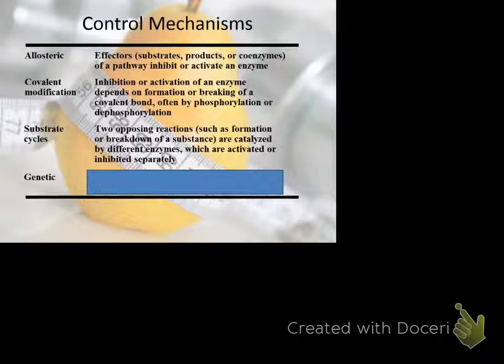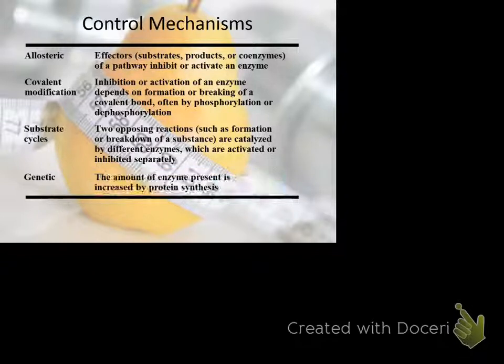Or make a lot more of that enzyme, and that metabolic pathway would be activated. So that's a transcriptional control. The amount of that enzyme is going to depend upon how much protein was made, which comes from transcription. Well, the protein technically comes directly from translation, but you get the idea. Translation can occur, or transcription doesn't occur.